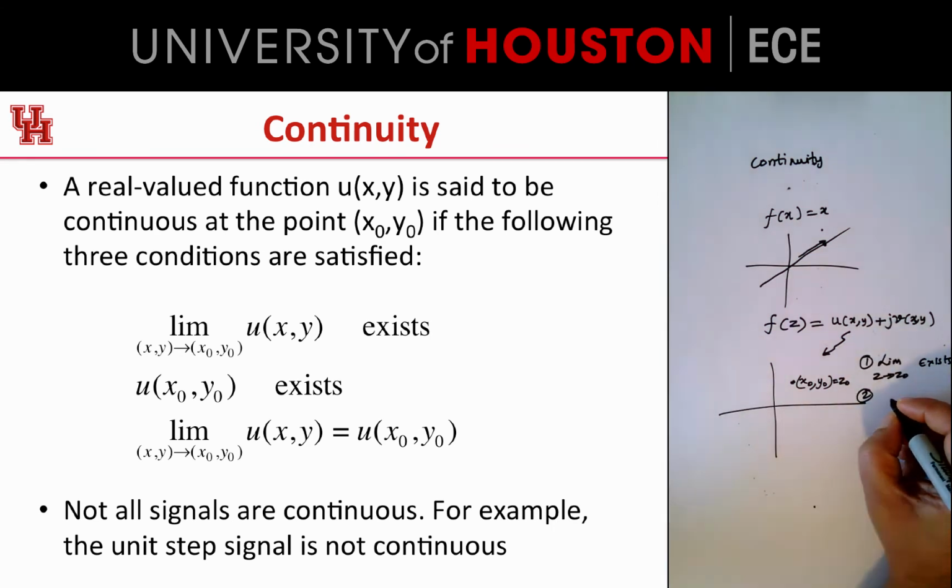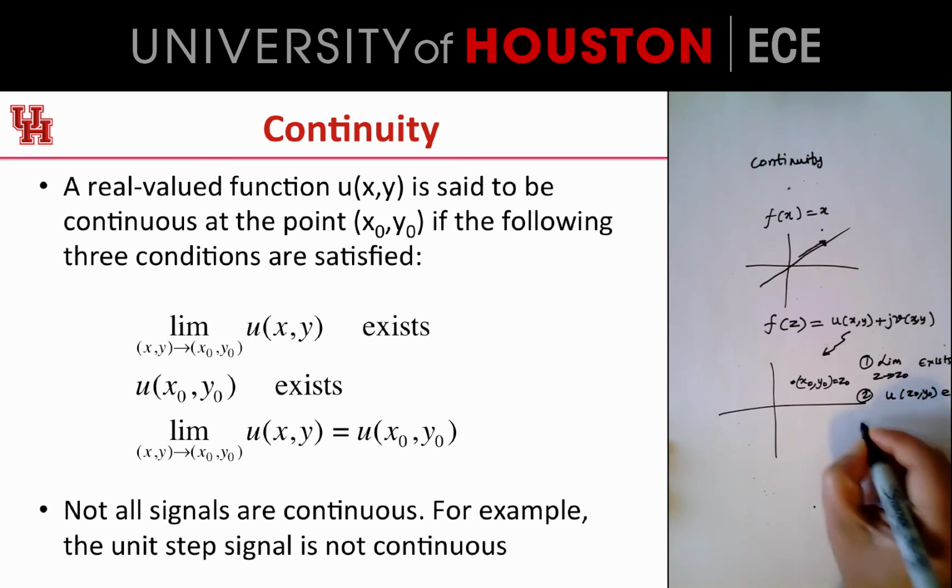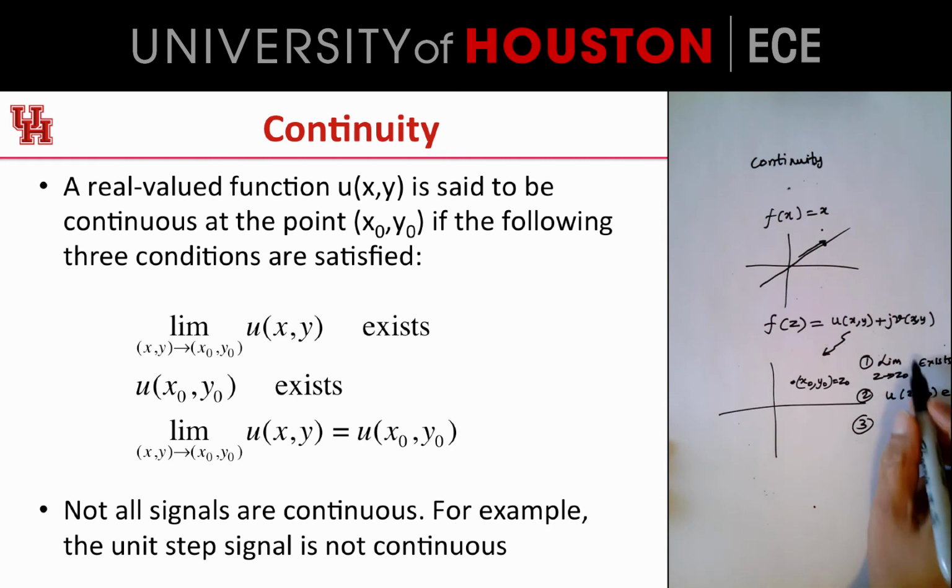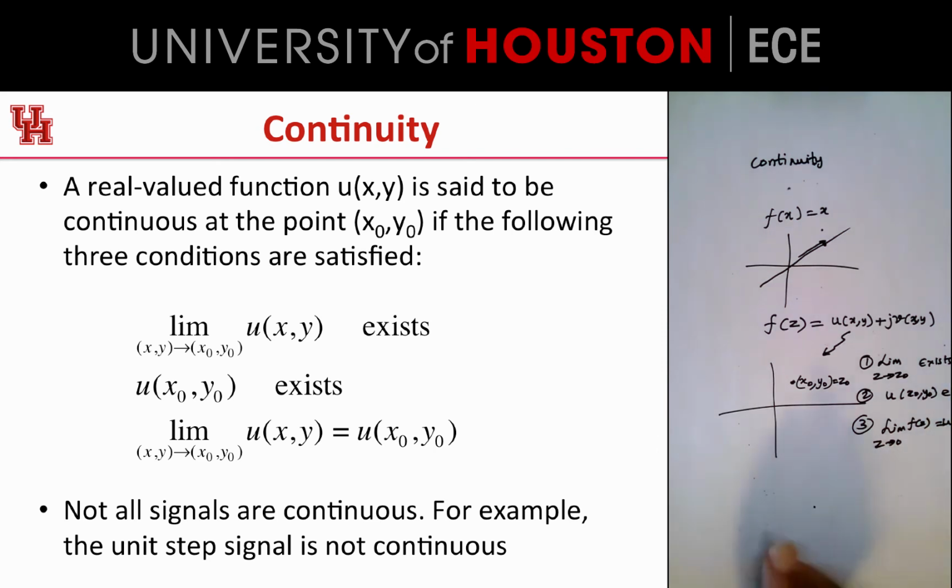In other words, there isn't some surprise there. So basically u of x naught, y naught exists. And the third condition is that these two guys are the same. In other words, the limit of f of z as z goes to z naught is in fact equal to u of x naught, y naught. So there are no surprises at that point x naught, y naught. There isn't some sudden jump or something like that.